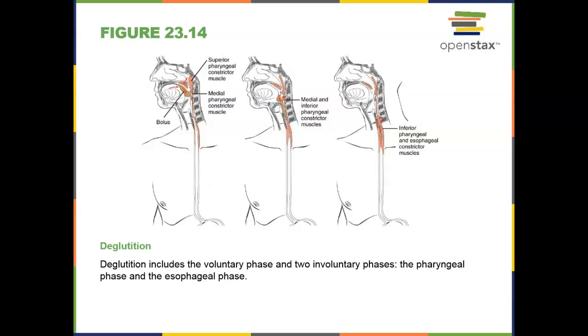If it hits that pharynx, it stimulates that involuntary phase known as the pharyngeal phase, and the food goes down. And that's why sometimes when you're chewing on gum, if it goes to the back of the mouth, it'll end up stimulating you to swallow that gum before you're ready to get rid of the gum.